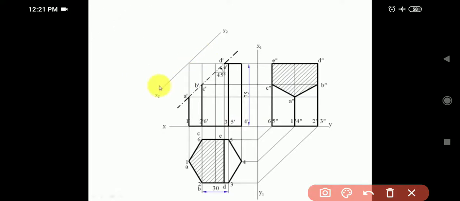And to get the true shape of that diagram, just draw one axis line parallel to this inclined line.